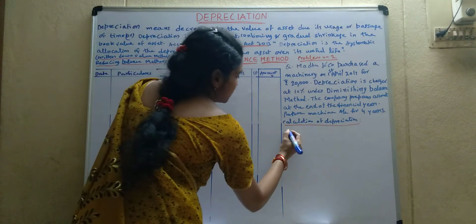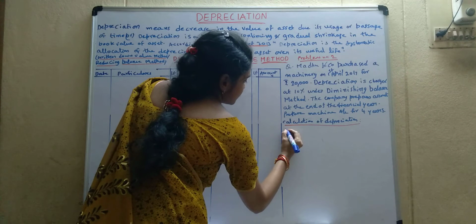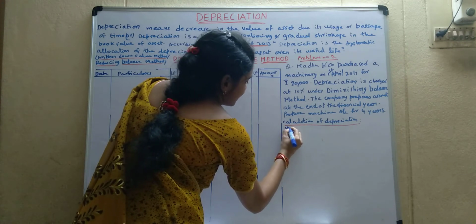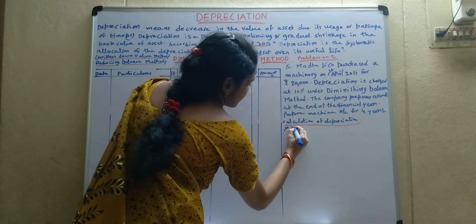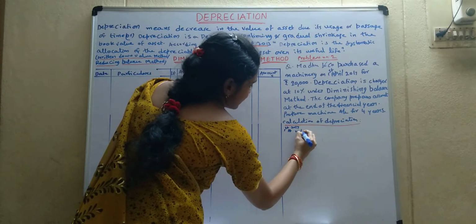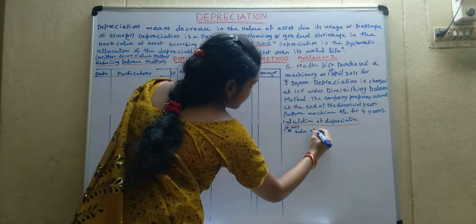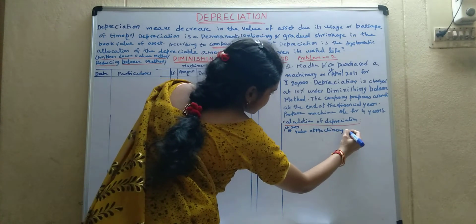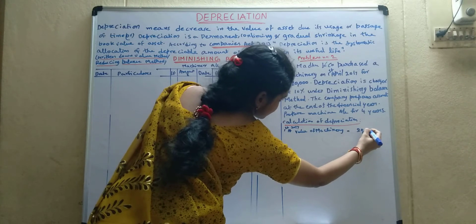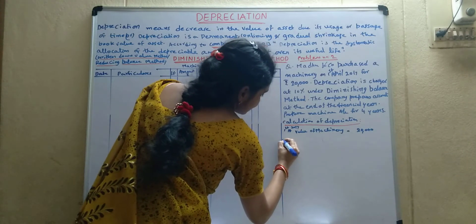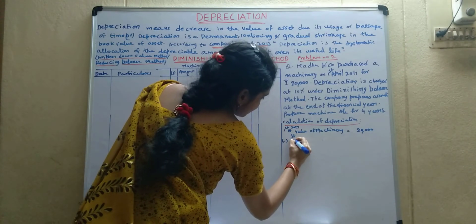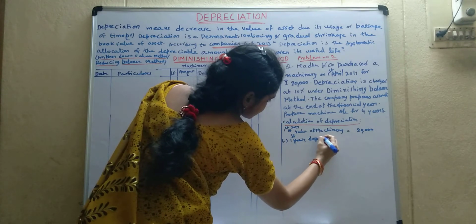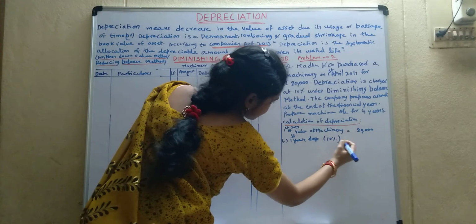The value of the asset is 20,000 on 1st April 2017. Value of machinery 20,000, less first year depreciation at 10%.